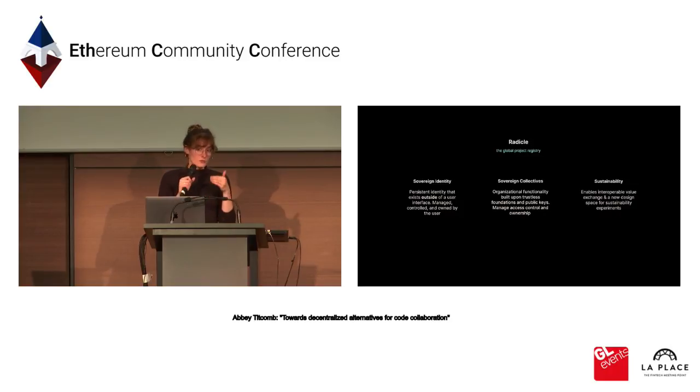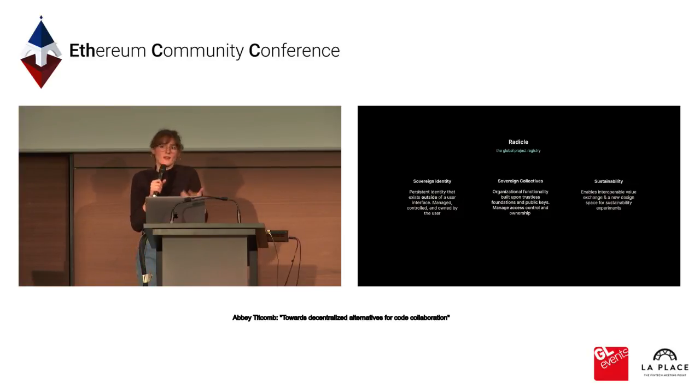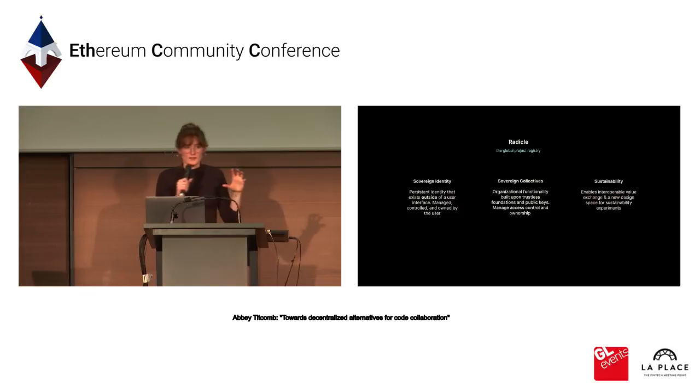The concept of governance and transferring ownership and how we actually manage a project as a maintainer is becoming very core to how we thrive in a free and open source ecosystem. And so these sovereign collectives give us new means to manage and control these aspects of free and open source communities that people are struggling to do right now.